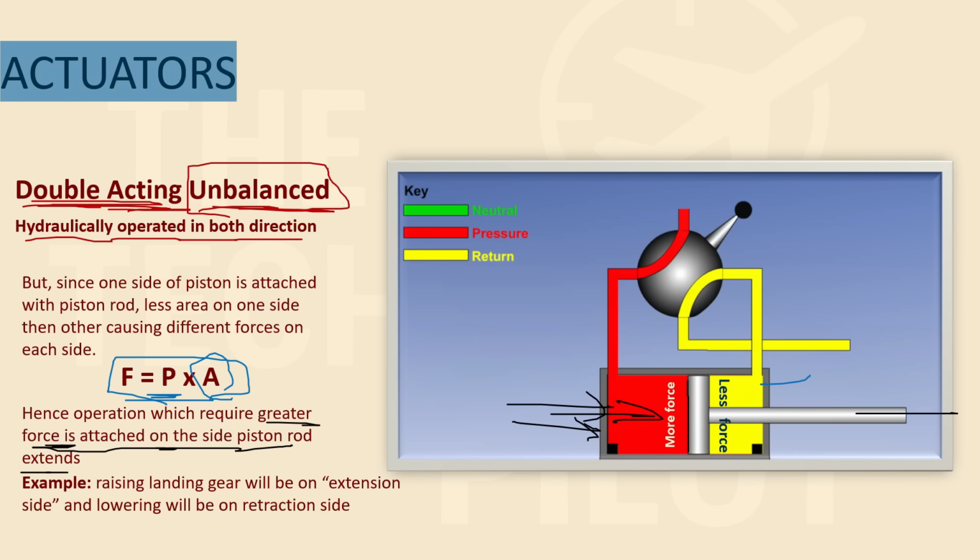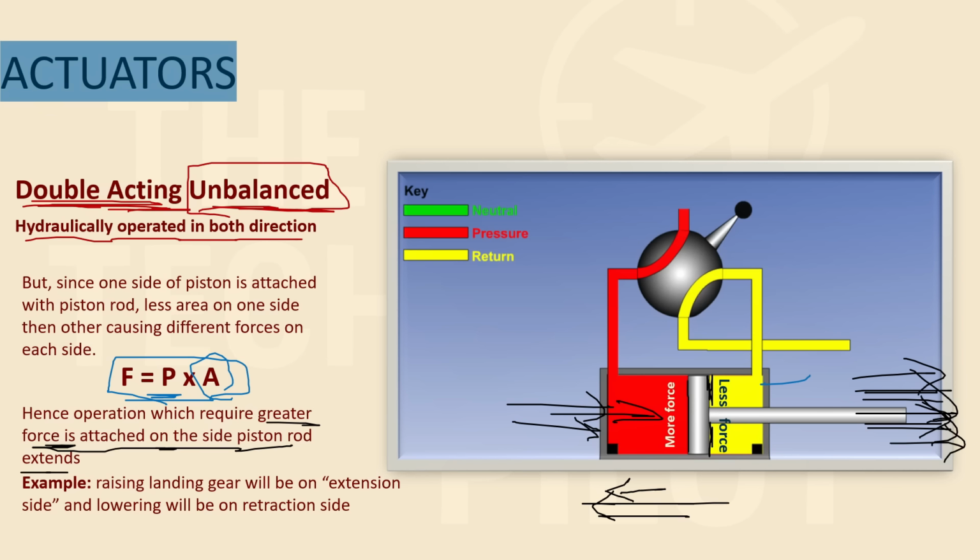So the extension will happen with a lot of force. But since this side will have lesser area and lesser force will be applied on this side, the retraction will be having lesser force. So this side, since you have more force, you can attach services that require greater effort.